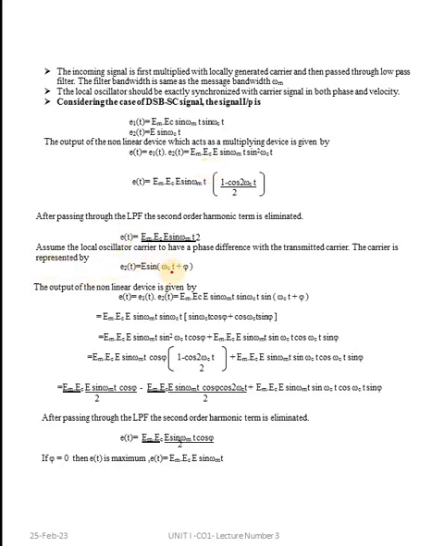Assume that the local oscillator carrier has a phase difference with the transmitted carrier. Then the carrier is represented by E2 of t equal to Ec sin (omega Ct plus phi). This phi represents the carrier phase difference. The output of the nonlinear device is given by E of t equal to the multiplication of E1 of t and E2 of t, so Em Ec sin omega mt sin omega Ct sin (omega Ct plus phi).